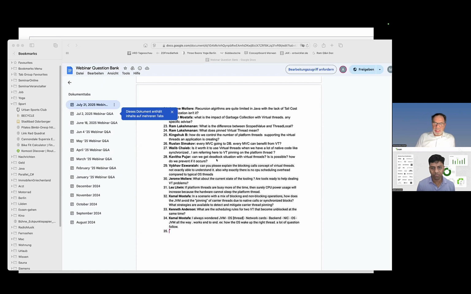So now we have an interesting question. Can we get a deadlock situation with virtual threads? Okay, I would say yes, because you can easily create a deadlock if you have two threads and two locks. The one thread acquires lock A, the other thread acquires lock B. The first thread, after it acquired lock A, tries to acquire lock B. The second thread, after it acquired lock B, tries to acquire lock A. And then you have a deadlock.